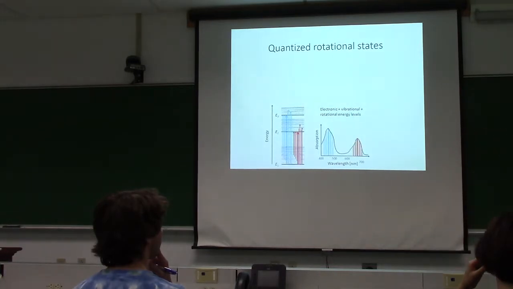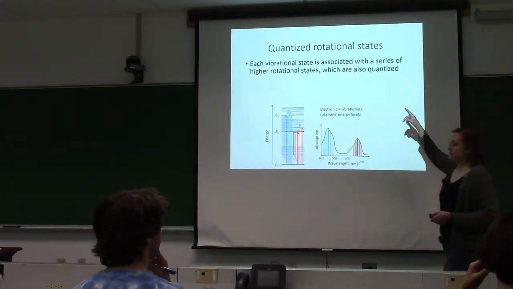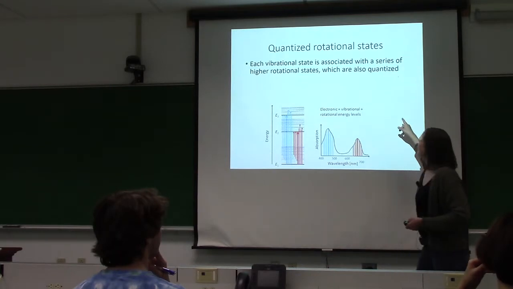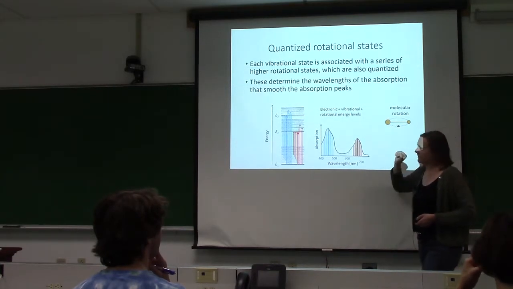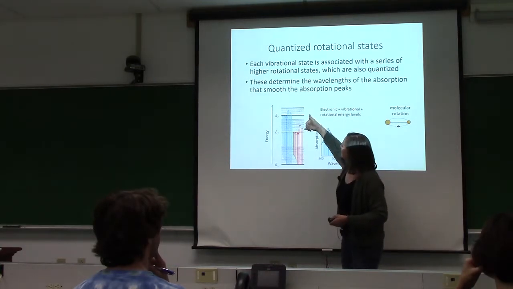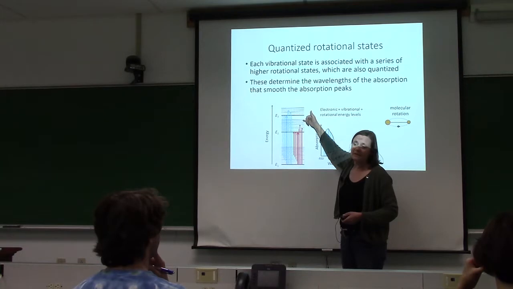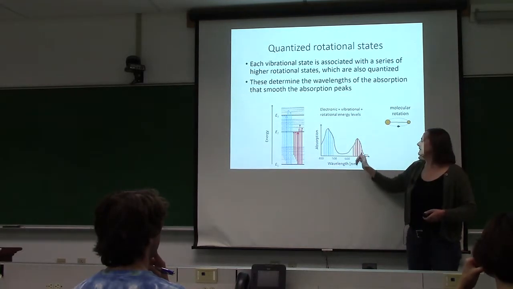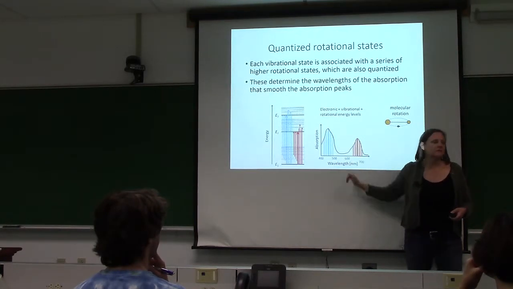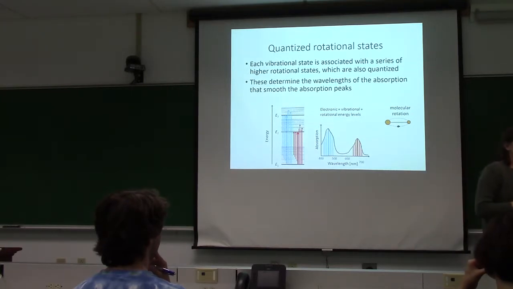So now we can go to the quantized rotational states. And again, this is involved with this process in the molecule. And these are the little dashed lines which represent rotational states within each vibrational state for each electronic state. And that's how you begin to fill in the potential for absorption of energy across a spectrum.